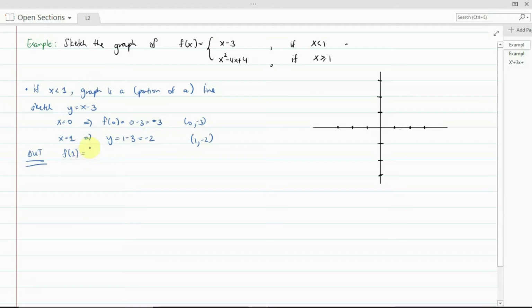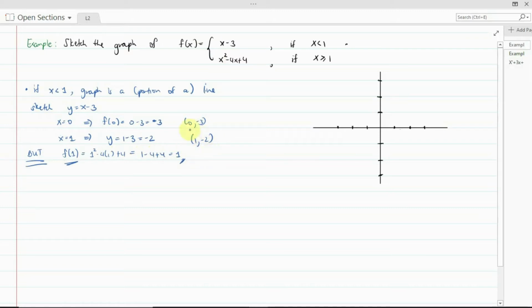F of 1 natin ay, saan siya nagfo-fall? Dito na sa second condition. So, ito yung gagamitin nating definition kay f. We have 1 squared minus 4 times 1 plus 4. So, you have 1 minus 4 plus 4, or 1. Ibig sabihin si f of 1 equal kay 1. So, ang partner ni 1 dapat 1 din.